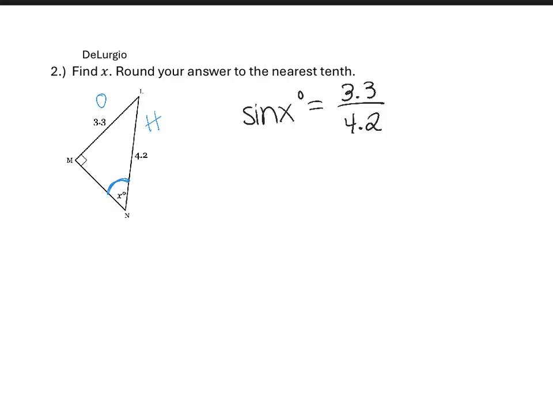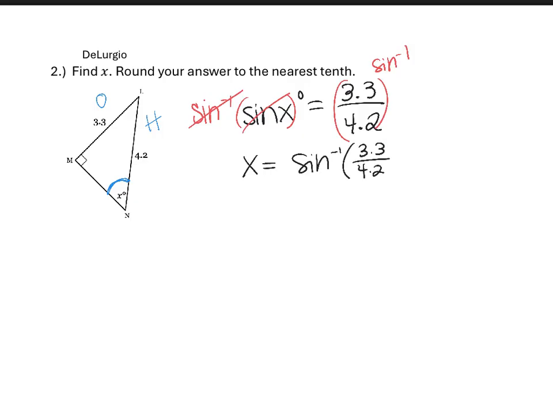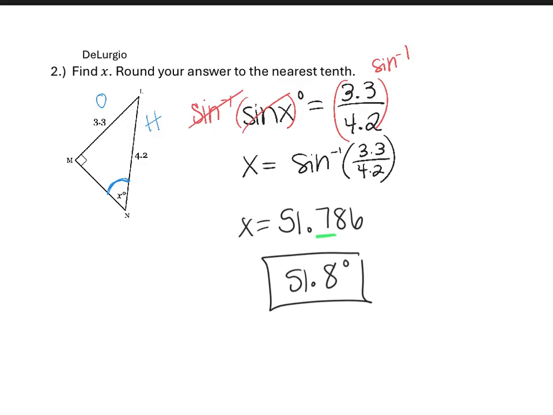To get x by itself, I need to take the inverse sine of both sides, because that's going to leave me with x equals inverse sine of 3.3 over 4.2. So it gives us x equals, be careful with your rounding because what it actually says is 0.786. If we are rounding to the nearest tenth, that rounds up to 51.8, and it's an angle, so we say degrees.